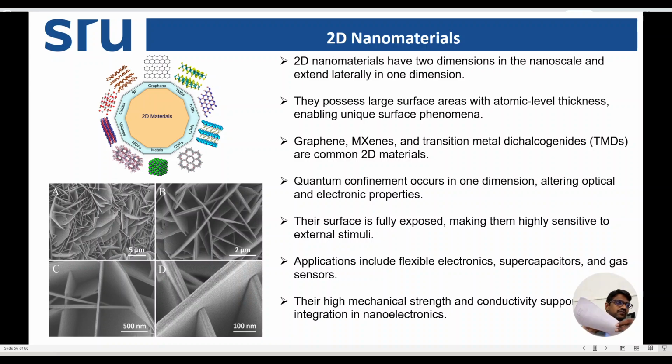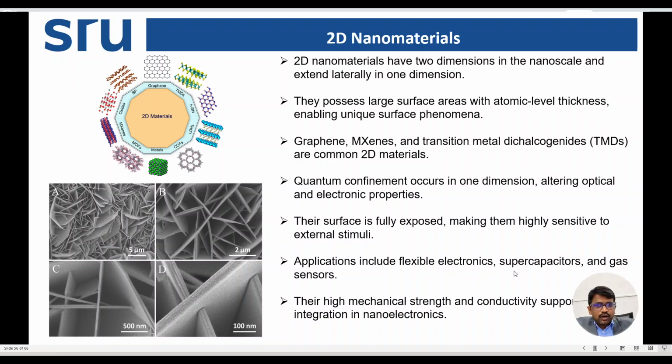Paper is very flexible, and these materials also provide good surface area. So two-dimensional materials find applications across many areas like flexible electronics, supercapacitors, and gas sensors.